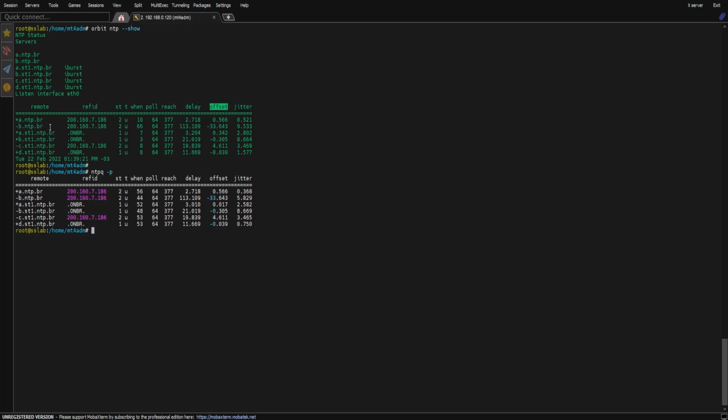Here in my case, we have this server that's not being used because it has the minus sign, because the offset is much larger compared to the others. Now our main server is already at a good value of 0.34. This means that this value is what our local clock needs to move forward or backward to match the time source. And the jitter is the variation in milliseconds between the measured offset differences to the time source.